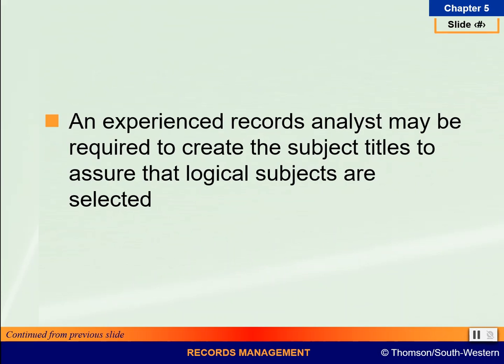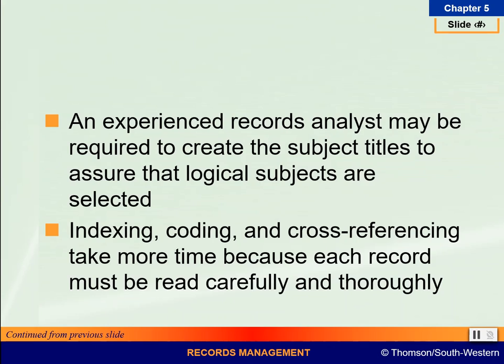An experienced records analyst may be required to create the subject titles to assure that logical subjects are selected, because otherwise you may be redundant or overlap the subdivision of certain subjects.